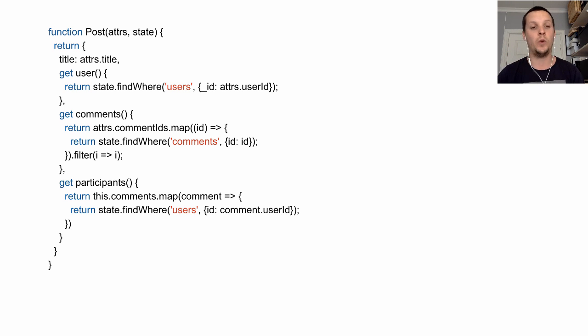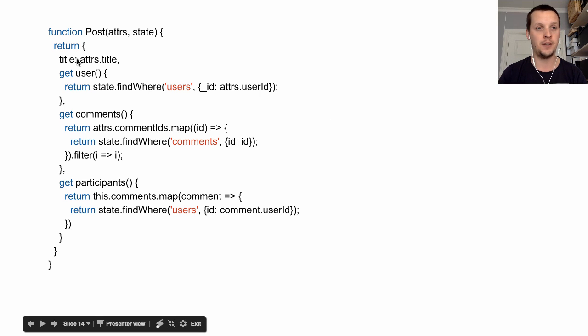So let's look at what we can do now using this state tree. So this is a post. It's just like a constructor. And what it returns is just a normal object, but it uses some nice JavaScript features. So the first item here, the title, is just, okay, we're grabbing the title from the attributes passed in. But the user is based on a user ID we pass on the attributes.